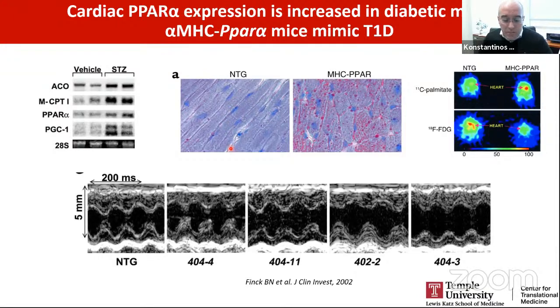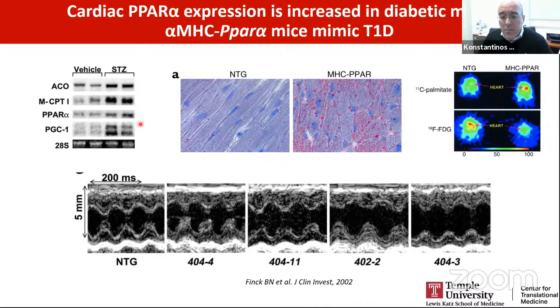About 20 years earlier, Dan Kelly had published a paper showing that PPAR alpha seems to be important for diabetic cardiomyopathy in humans and experimental animals.